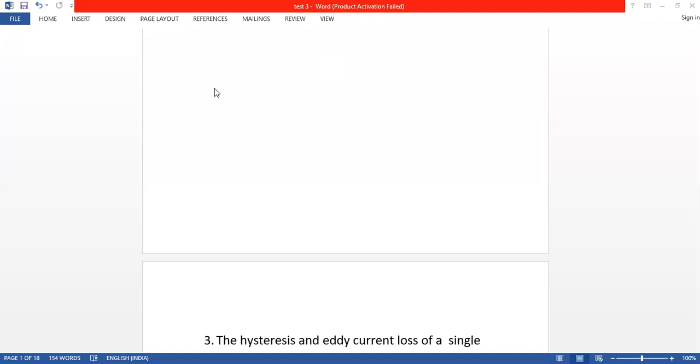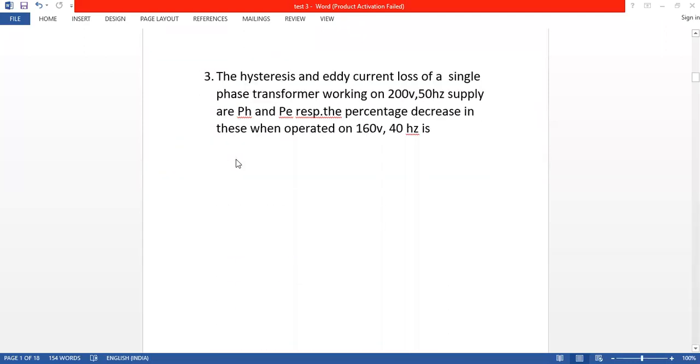Now move ahead to the next point. See, now a question. It is given that at initial condition, W hysteresis 1 and W eddy current 1 are present at 200 volt, 50 Hz.